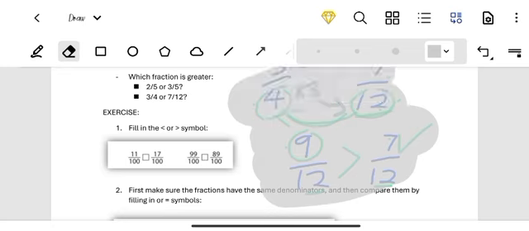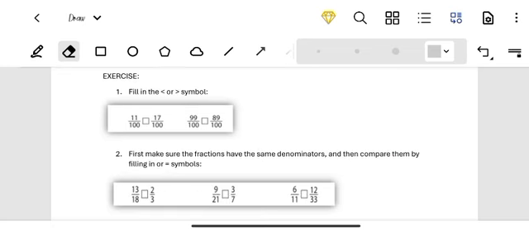So, going down to the exercise: fill in the less than or greater than symbol. Number one, we have 11 over 100 and 17 over 100.